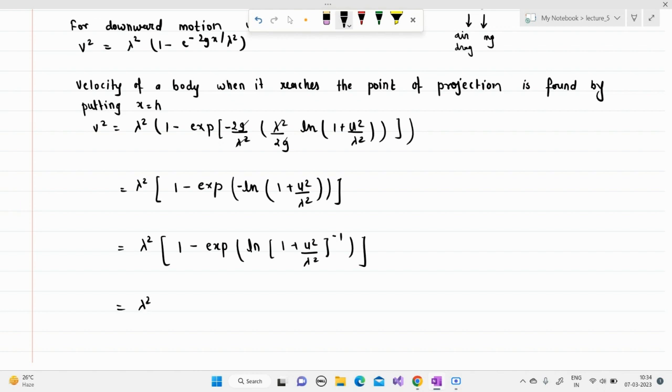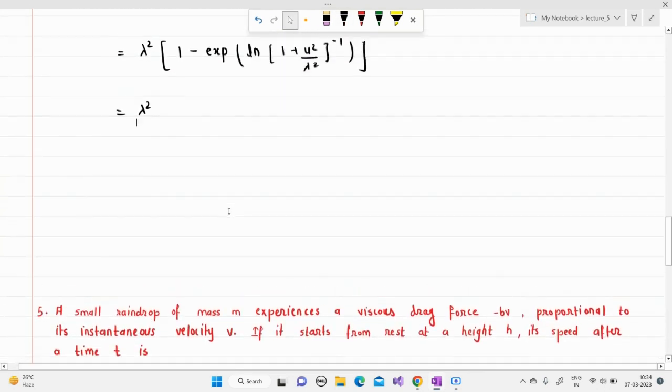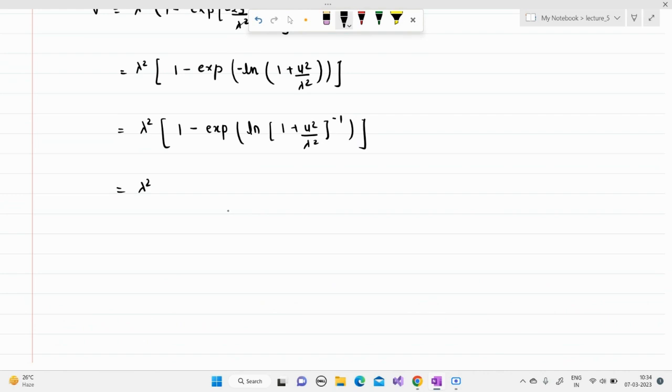Okay, so this will simplify to 1 minus lambda square plus u square. So this term becomes lambda square by lambda square plus u square. Okay, this simplifies to this term.